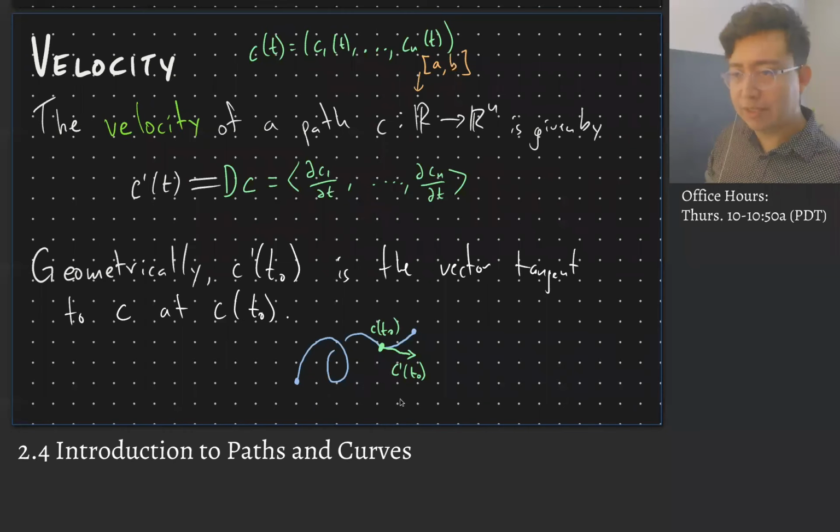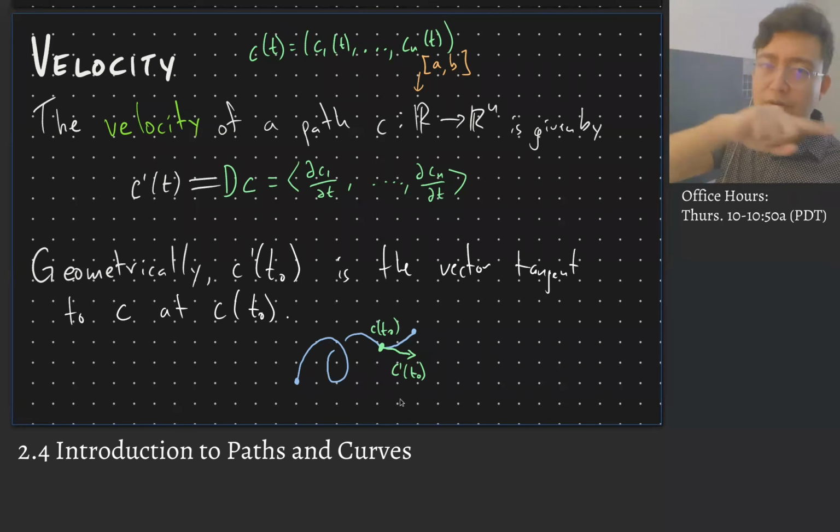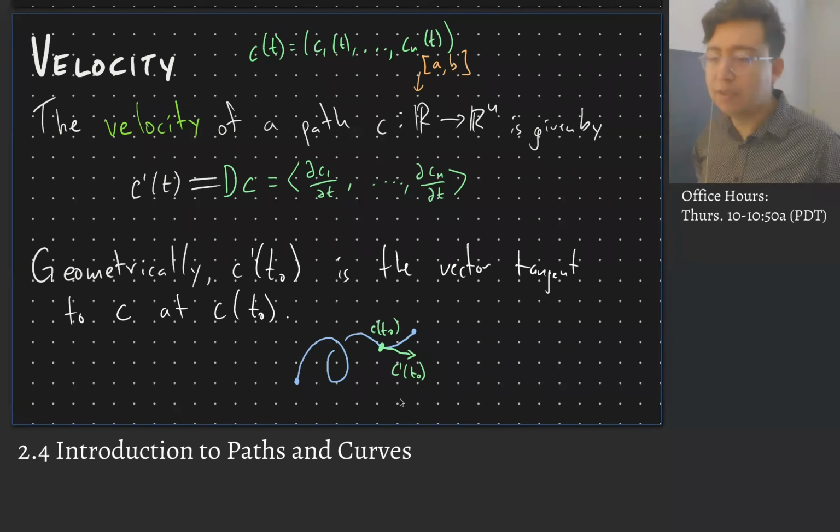Earlier I mentioned that paths you can think of as a particle moving through 2 or 3 dimensional space or some higher dimensional space. What this vector is saying is, this is where the velocity for the particle is. As the particle moves, it's pointing in whatever direction the particle is going.